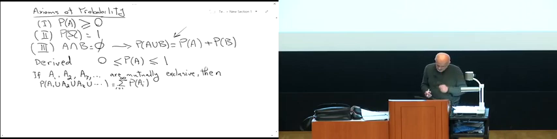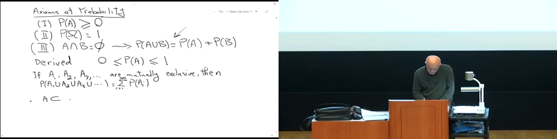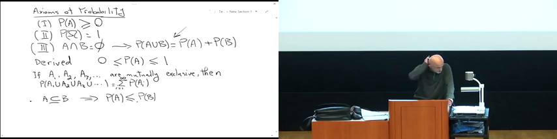Okay. We also talked about, so these were the axioms. We also talked about when two sets have a relationship like this, when a set is subsumed in another, then the probability of A ends up being what relative to the probability of B? Less than or equal to.